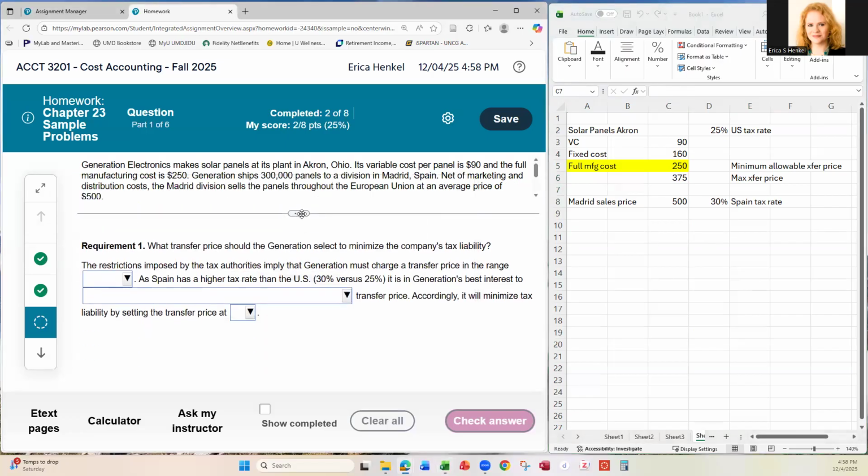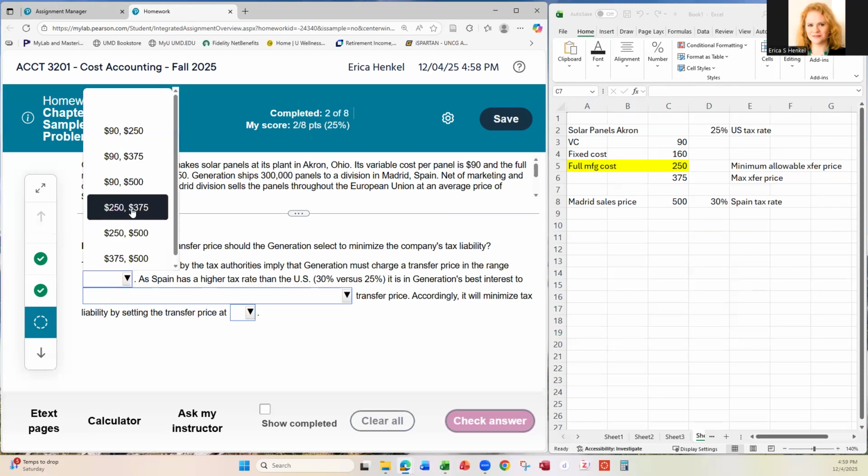All right, so what transfer price should the generation company select to minimize the company's tax liability? Well, as I mentioned during class, we want to maximize the profit in the place where they have the lowest tax rate. Legally, the transfer price has to be between that 250 and the 375, right?